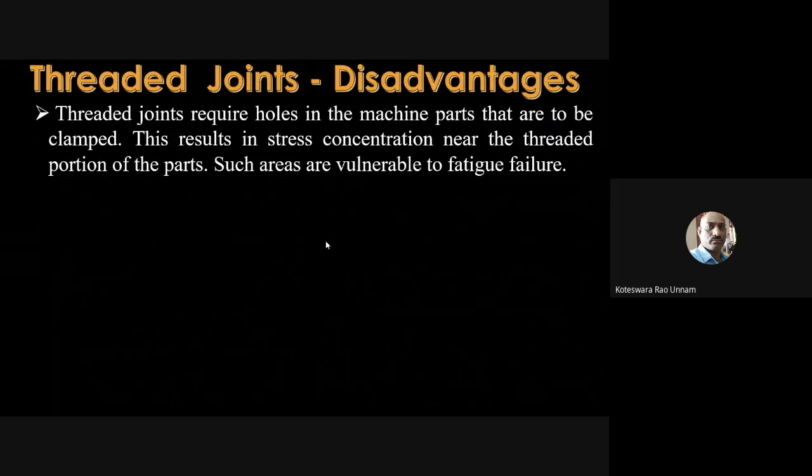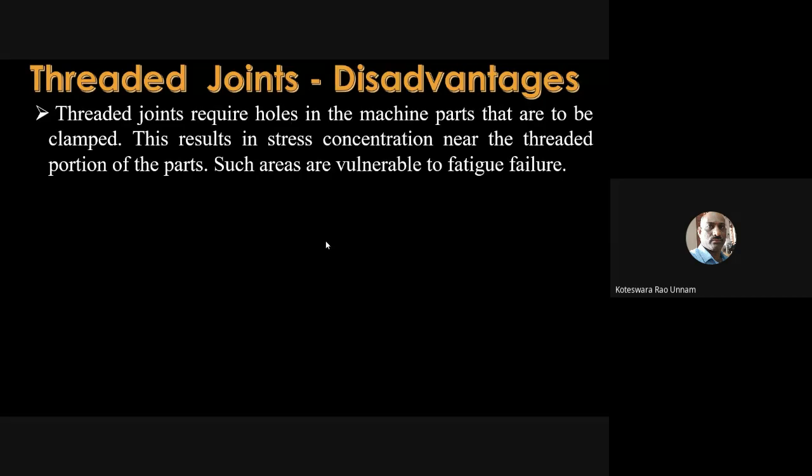Then coming to the disadvantages, definitely there are some disadvantages for threaded joints. The major thing is stress concentration. We studied stress concentration and know its effect on components. Whenever there is a stress concentration, it will make the component weak. Why is there a stress concentration in threaded joints?